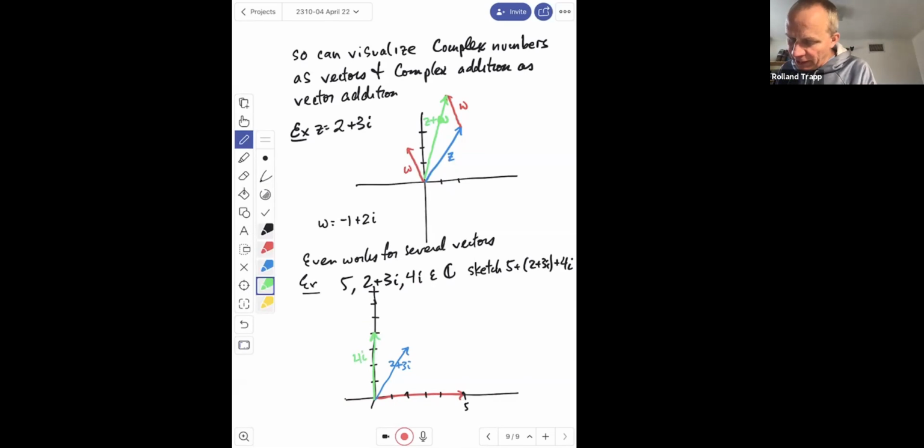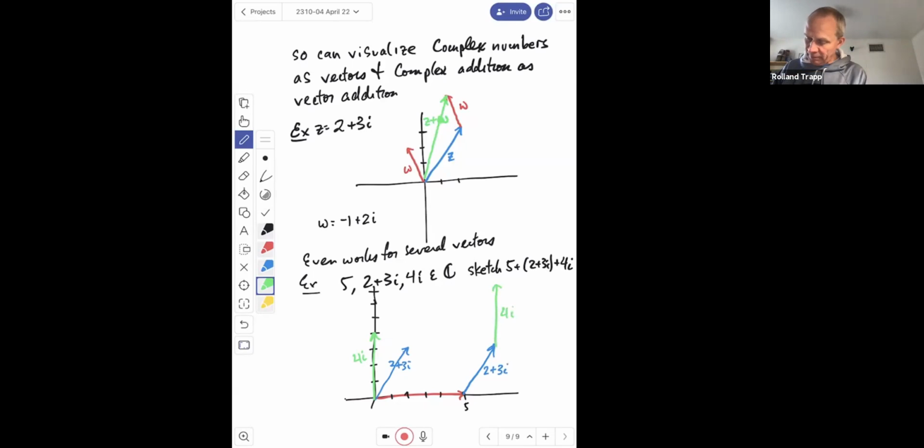Okay. So if I want to sketch the sum, I can just take tip to tail. First I lay down 5, then I lay down 2 plus 3i. So that's going to go to the right 2 and up 3. And then I want to add 4i. So from 3, I go up to 4, 5, 6, 7. So I've got my 4i.